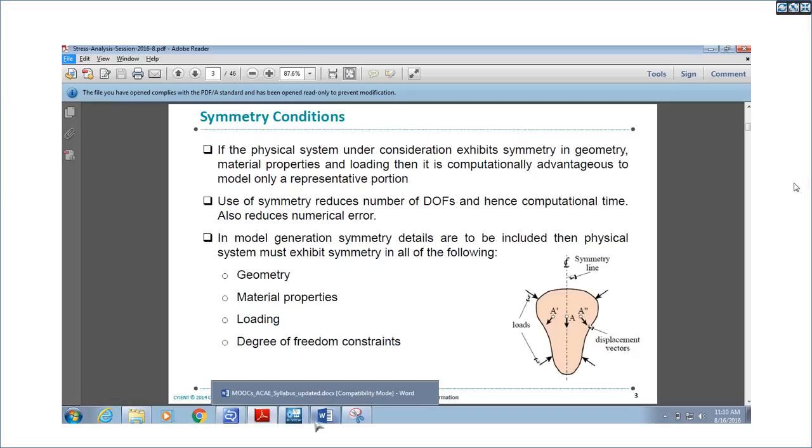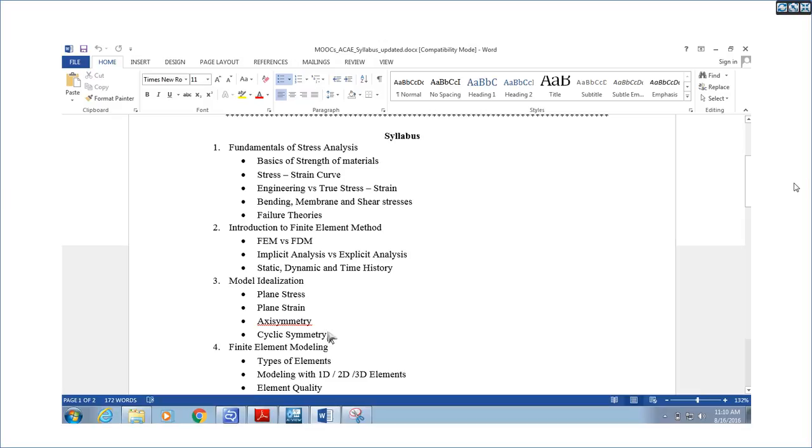Now let us look into the chapters. So still we are into model idealization techniques. So we'll be discussing more on symmetry and cyclic symmetry.